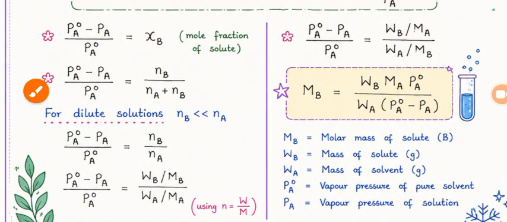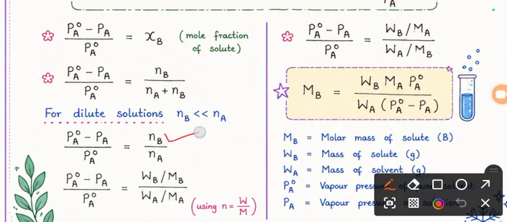We also know that number of moles can be calculated with the formula mass divided by molar mass, n equals W by M. So in place of nB, we write mass of solute by molar mass of solute, and in place of nA, mass of solvent by molar mass of solvent.